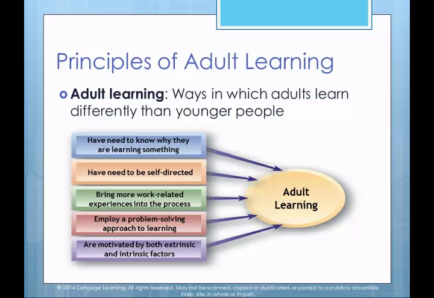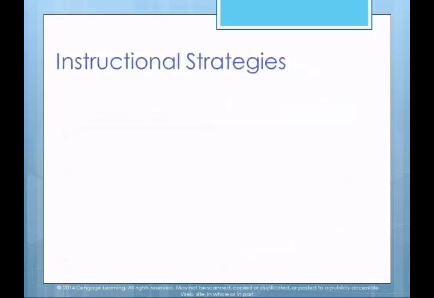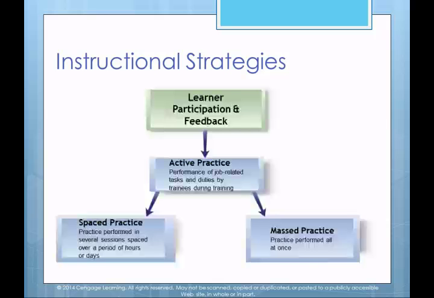Do they have a need to know why they are learning something? Yes, adult learners need to know why they are learning something. They have a need to be self-directed. They have a need to bring more work-related experiences into the process. They want to employ a problem-solving approach to learning, and they're motivated by both extrinsic and intrinsic factors. So here are instructional strategies.